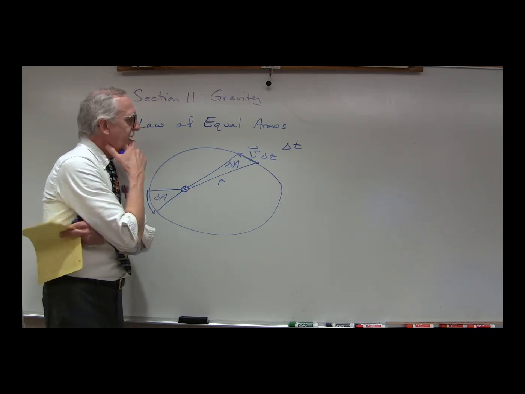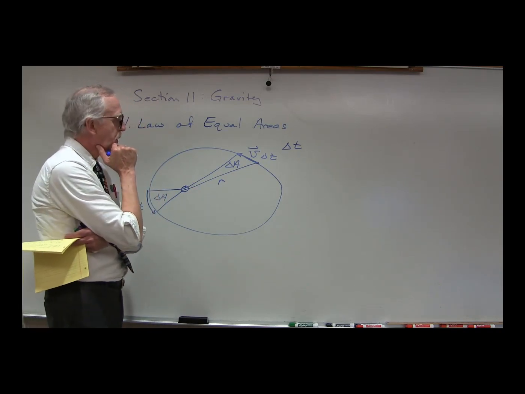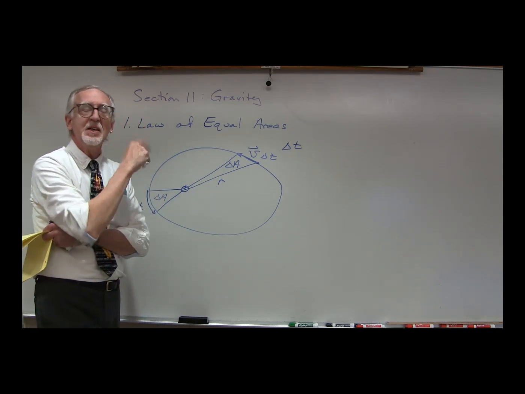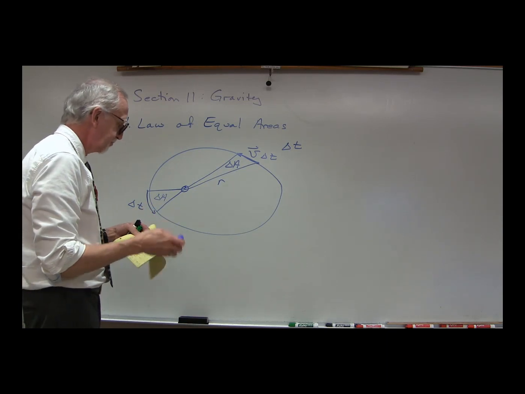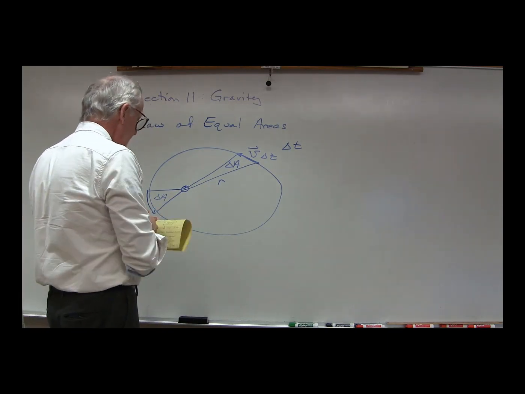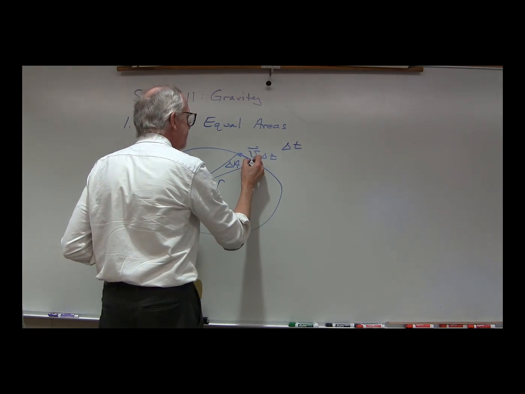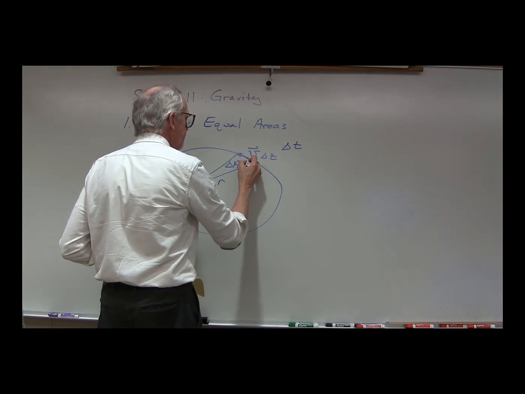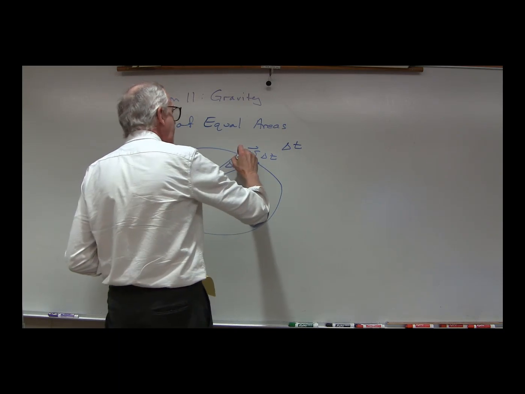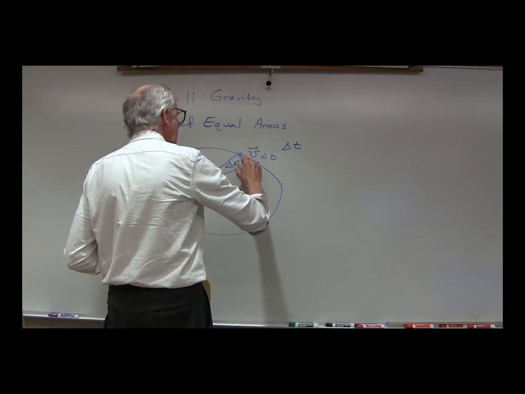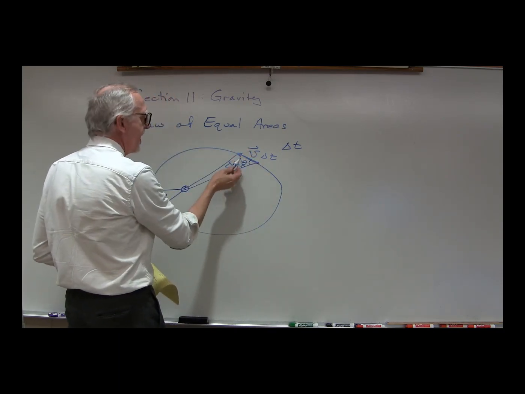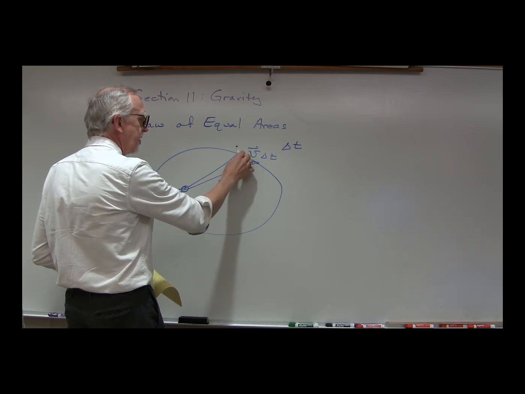But let's think about, what is this area? What is the area delta A equal to? Well, let's imagine that there is some angle here, theta. The area of that triangle will be one half times the length of the base times the height.